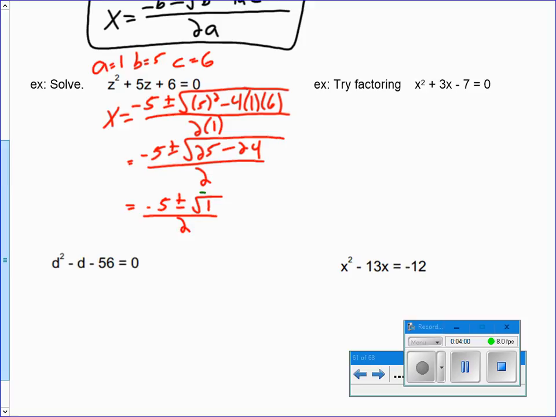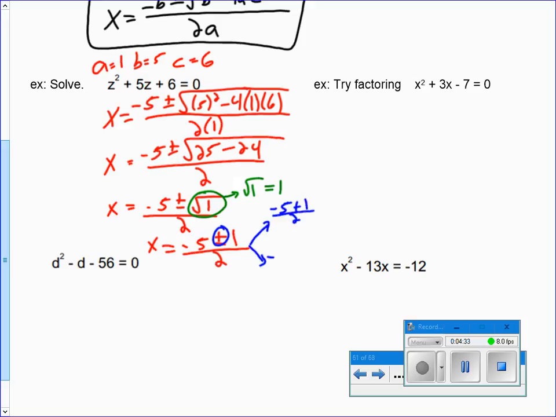Alright, at this point we know square root of 1 is 1. So we can take that out of the equation right as 1. So negative 5 plus or minus 1 over 2. So for our final answer, what we do is we use this plus or minus to split this into two final answers. So one is going to be negative 5 plus 1 over 2.